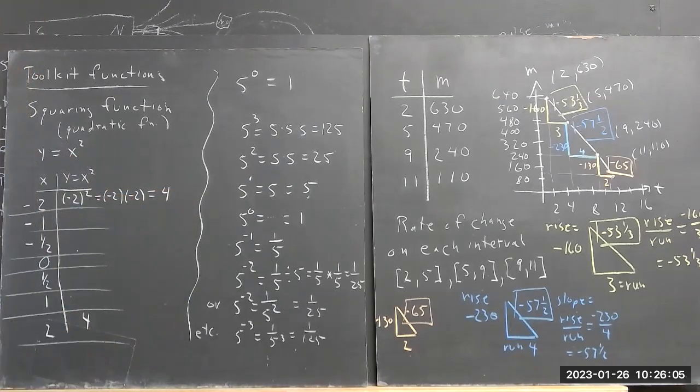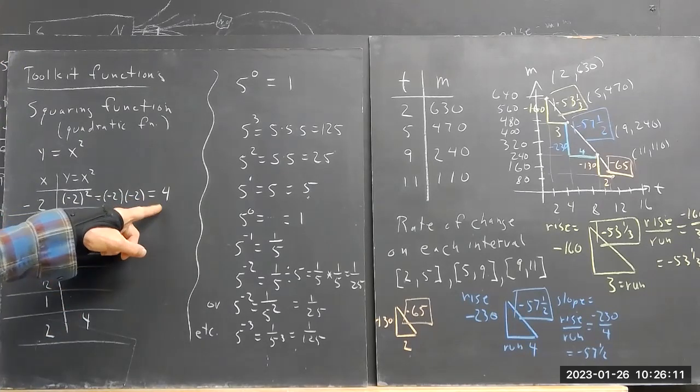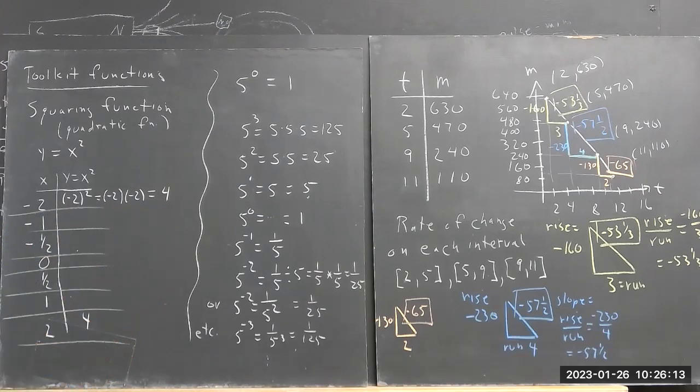Two negatives multiplied give you a positive, right? A lot of times I'll see a negative here. In a typical class, maybe half the class will write that as -4. So if you wrote -4, you're in good company, but understand what you're doing, okay? When you square a number, you multiply it by itself.